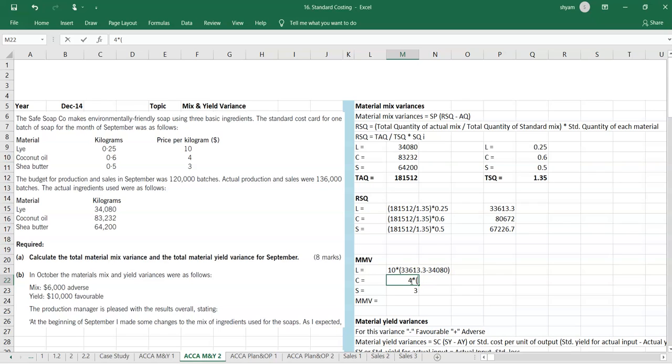We'll start with the next one. Again RSQ 80,672 minus AQ, which we get from here, 83,232. Close the bracket. Again, RSQ 67,226.7 minus 64,200.